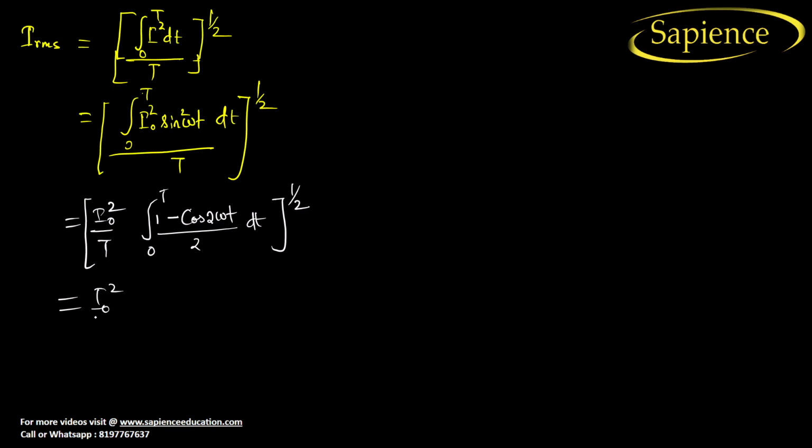So from here again I naught square by T. So integration of one will be time period T minus cos.